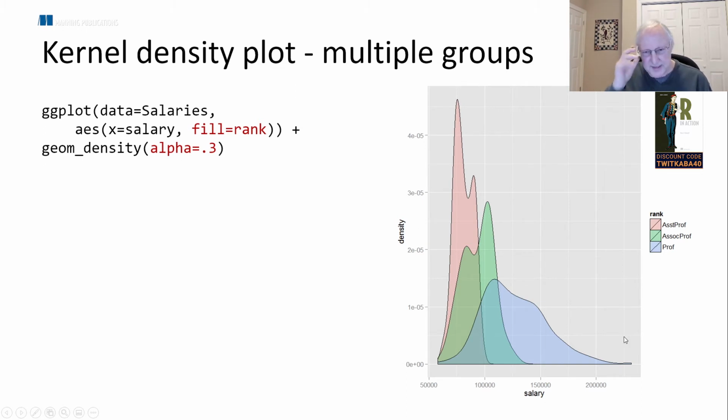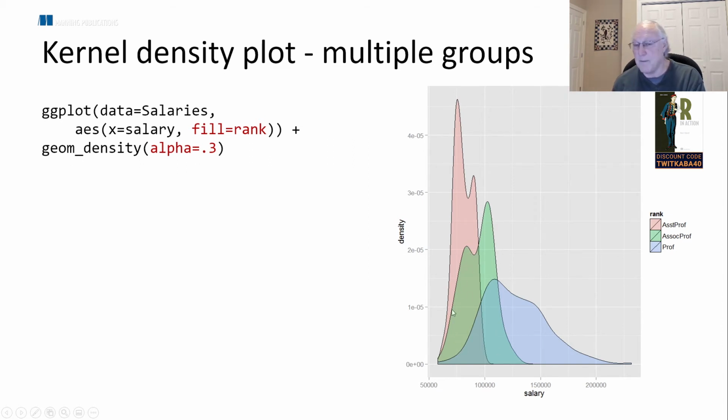And now we can see some interesting things about this. We can see, first of all, that salary tends to go up as you go from assistant to associate to full professor. Clearly, associate professors are not making as much as everybody else. But there are quite a few associate professors that are making less money than assistant professors.